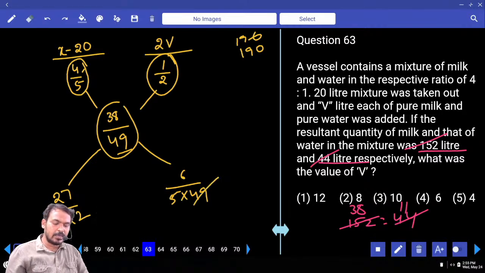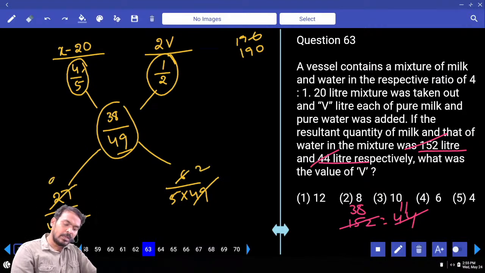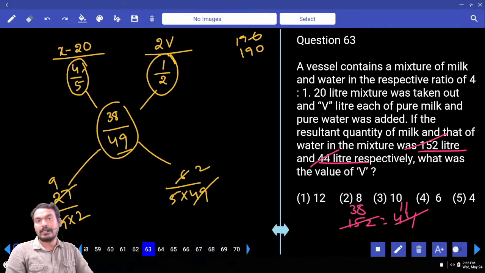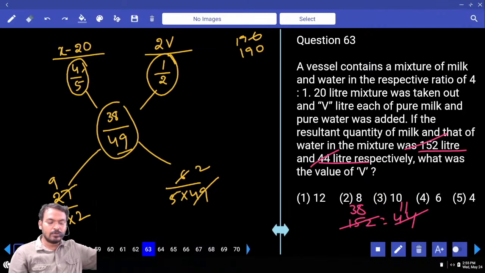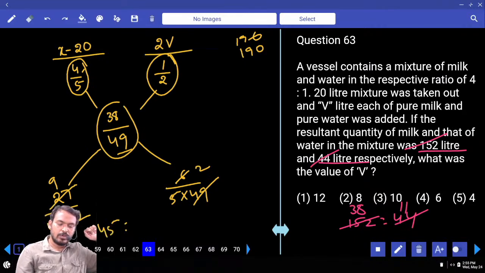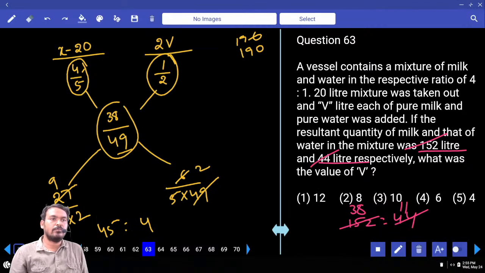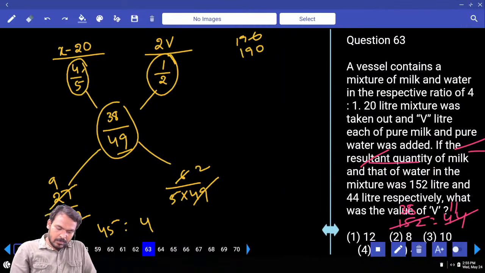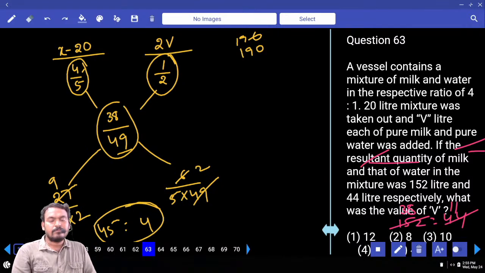Denominator 49, the 49s cancel, or not? And 3 times 2 is 3 how many times? 9 times, or not? Any other cancellations? No. 9 into 5 is 45. 2 into 2 is 4, or not? Then the mixtures are in which ratio? 45:4.